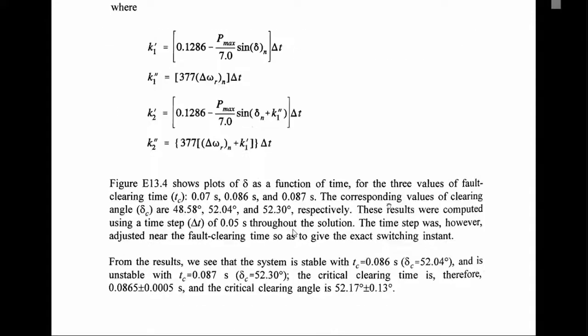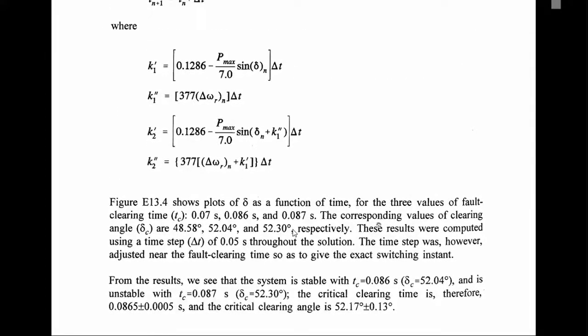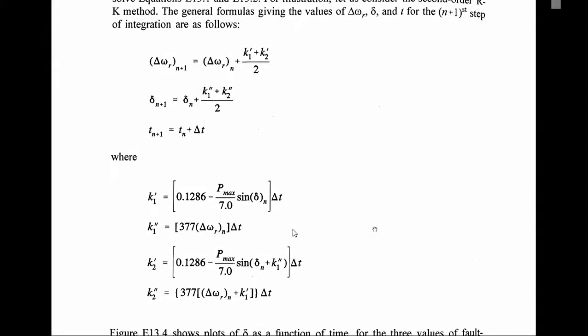From this question, we got the value of H, 3.5. We got the initial rotor speed, 377 rad per second. We got the mechanical power, PM, equal to 0.9. We got the maximum power for different situations: pre-fault maximum power is 1.351, during the fault 0, and post-fault 1.104.